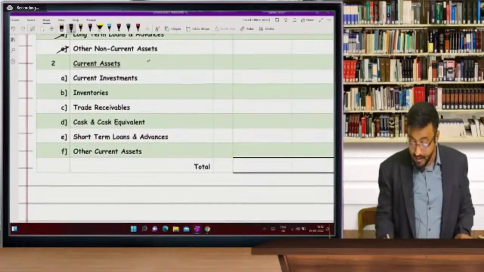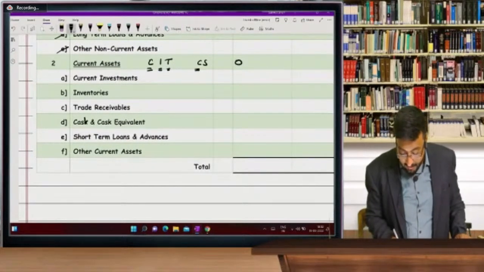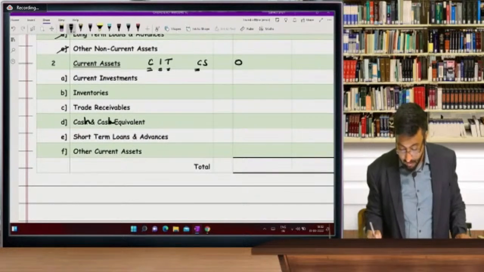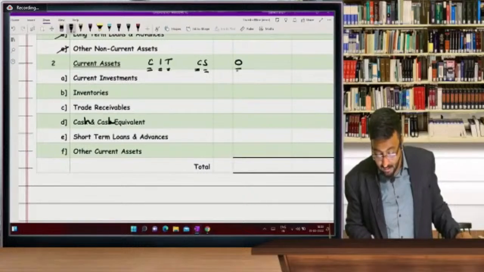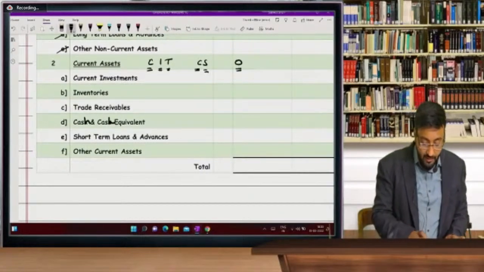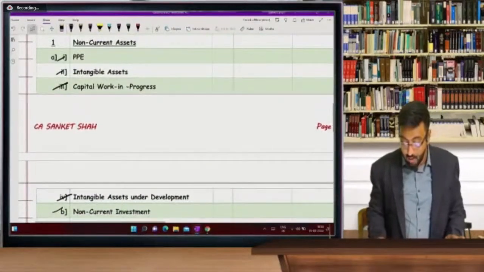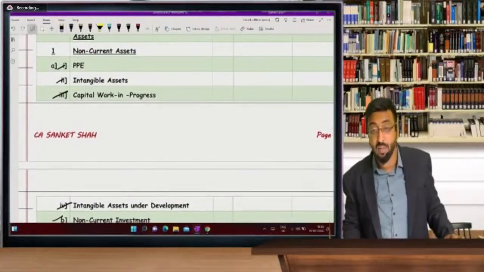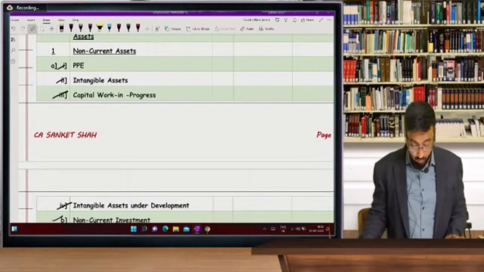Then in current assets, remember the CITCSO pro forma: C for current investment, I for inventory, T for trade receivable, C for cash and cash equivalent, S for short-term loans and advances, O for other current assets. So remember this pro forma, beta. Yes, now you can write down this pro forma fast. We completed the assets pro forma in the last session. Now the liabilities pro forma.